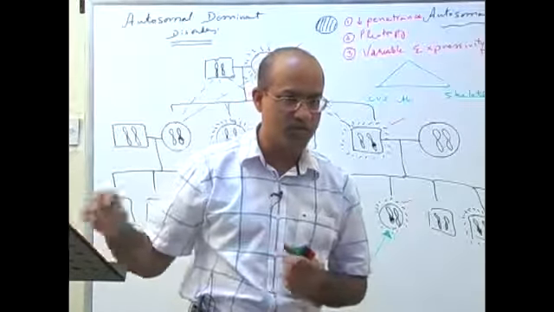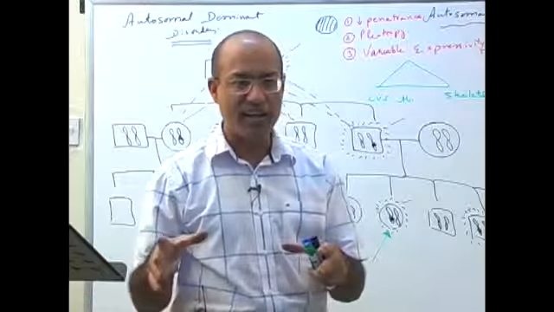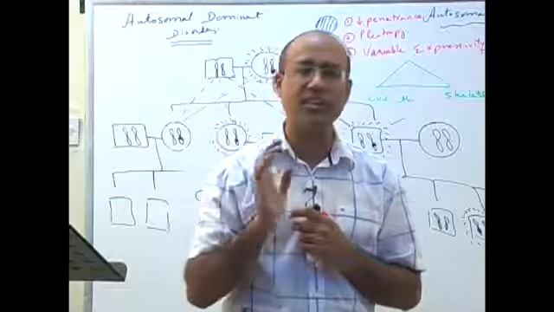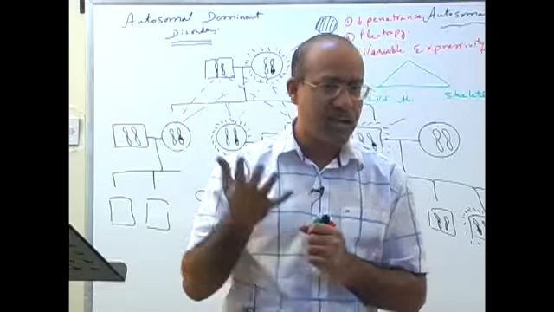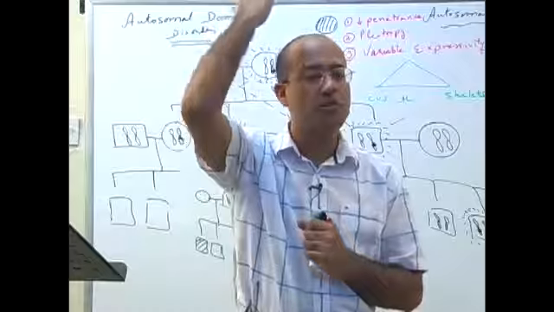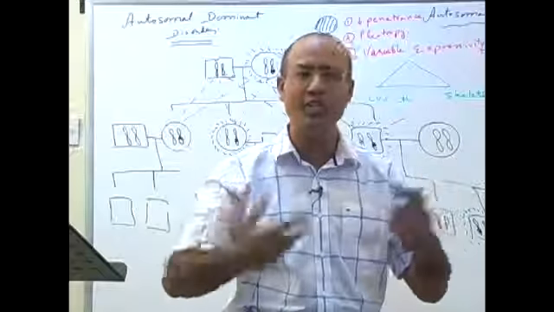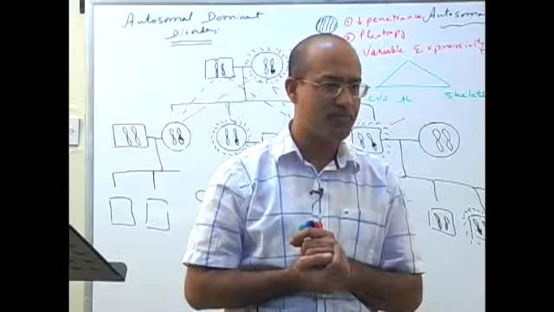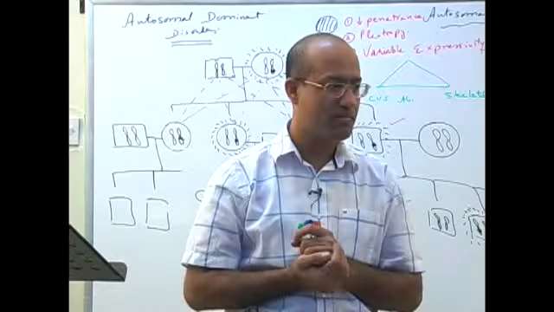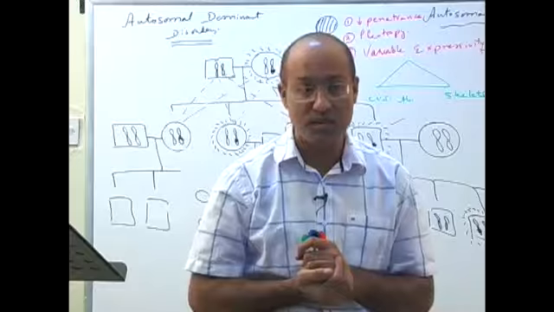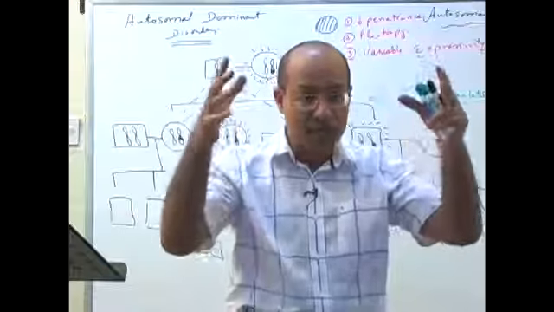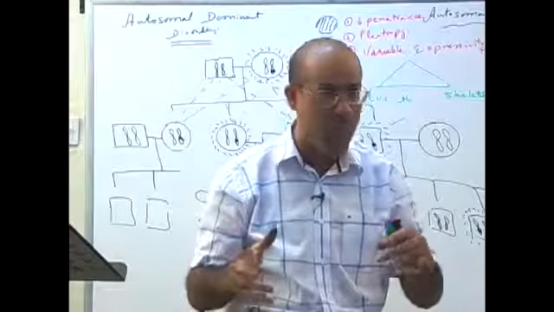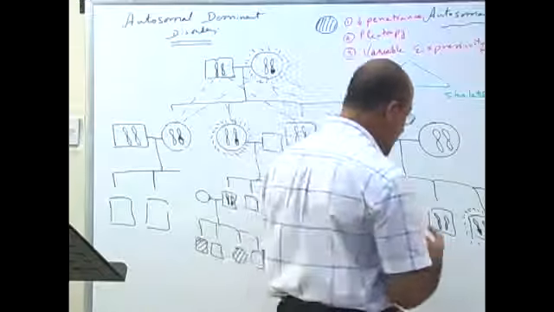Let us suppose there is a boy who has Marfan syndrome, but his mother and father do not have any history of Marfan syndrome. Even their parents and their parents, if you can gather the history, there is no Marfan syndrome. What could be the probability? Probably a new mutation has developed. Maybe in that family all the genetic setup on chromosome 15 was coming normal. But what happened? Let me start this pedigree here.